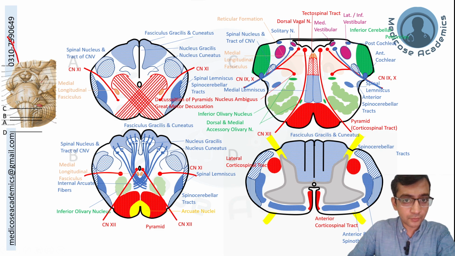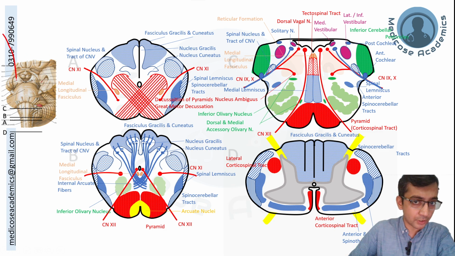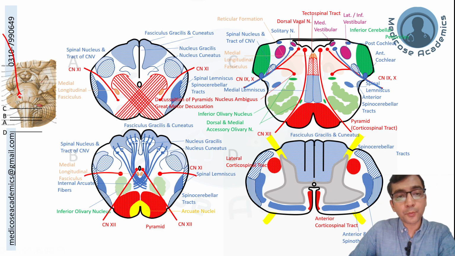The signal coming down from the cerebral cortex relays here in the pons, and then through the pontine nuclei it crosses the midline and goes to the cerebellum. So this is called the corticopontocerebellar tract.